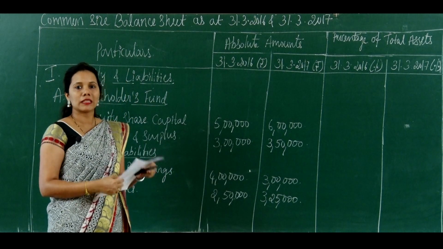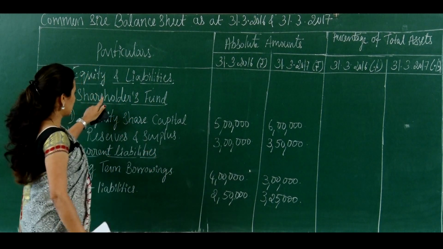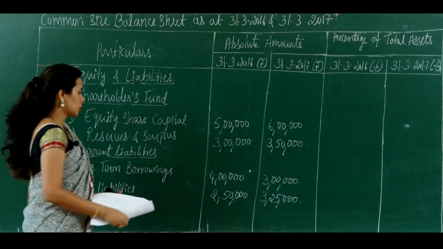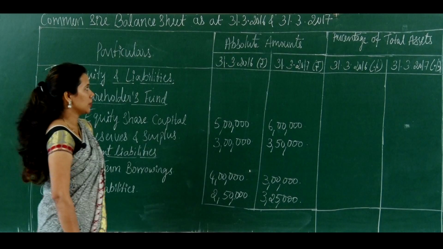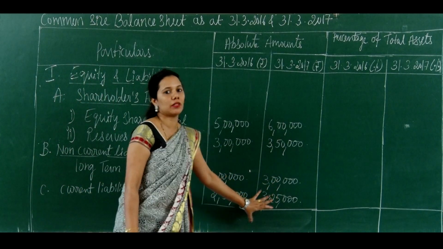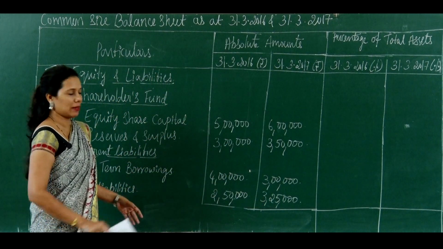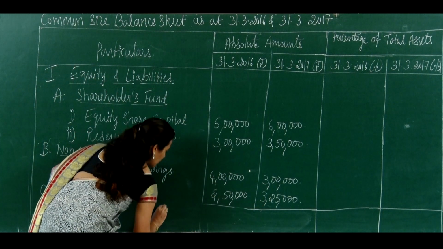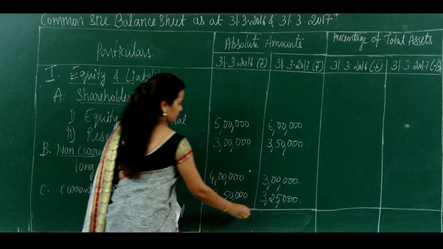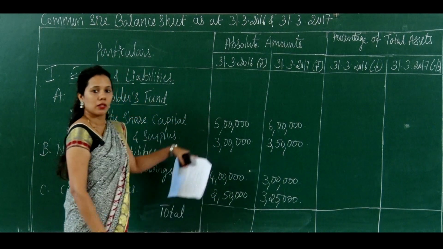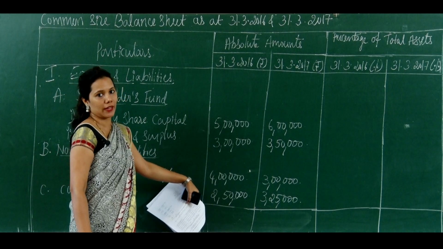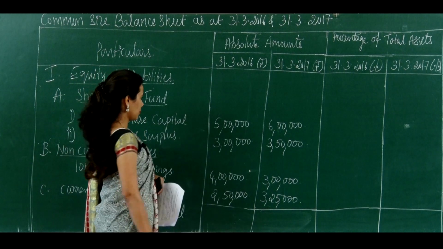So, we recorded all the liabilities under shareholders fund, non-current liabilities and current liabilities. Now total the 2016 column and the 2017 column, that is, we are totaling total liabilities. So, 5 lakhs plus 3 lakhs plus 4 lakhs and 2 lakhs 50,000. Please use your calculator.